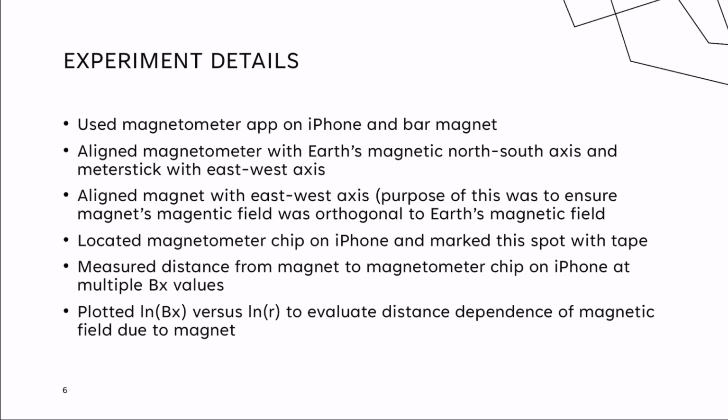And we located the magnetometer chip on the iPhone and marked the spot for our future measurements. And then we measured the distance between the magnet and the magnetometer chip on the iPhone at multiple BX values. And then we plotted the natural log of these BX values versus the distance to evaluate the distance dependence of the magnetic field due to the magnet.